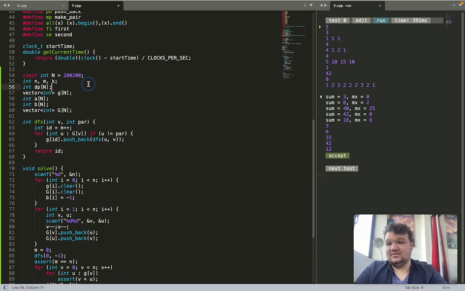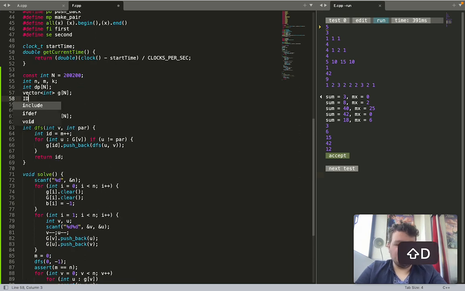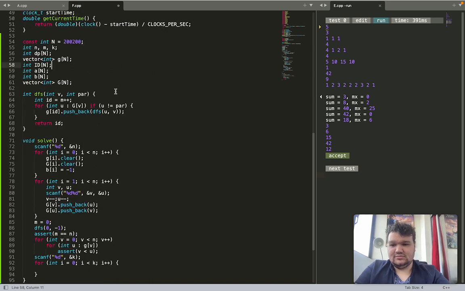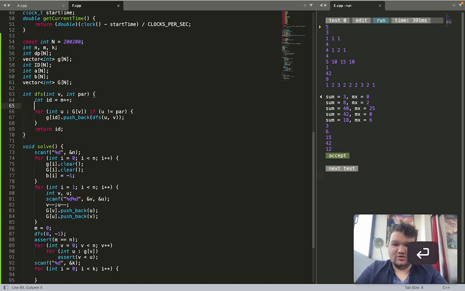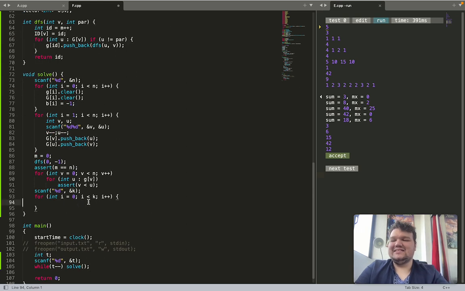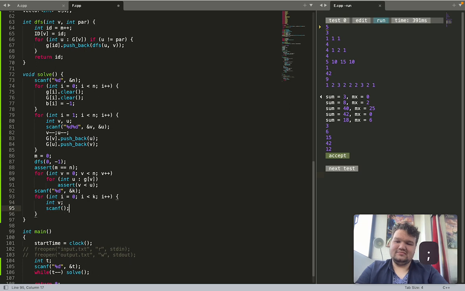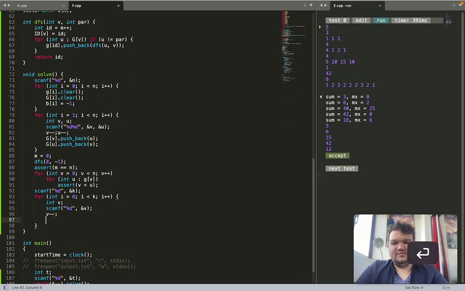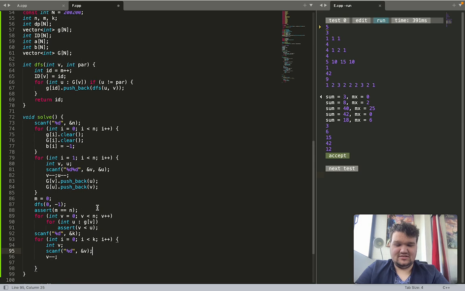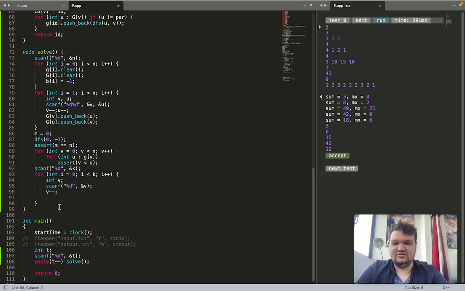Okay, I guess I need to remember IDs because I have the list of vertices. I didn't want to do that, but I guess it is required. So we are given vertex v, but the ID of that vertex is actually stored in ID of v.